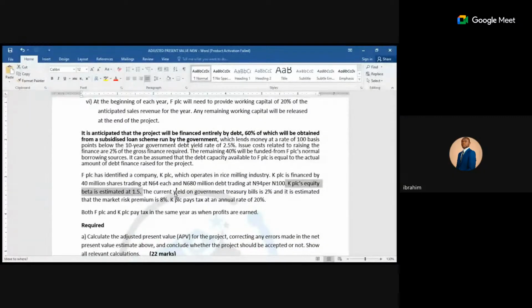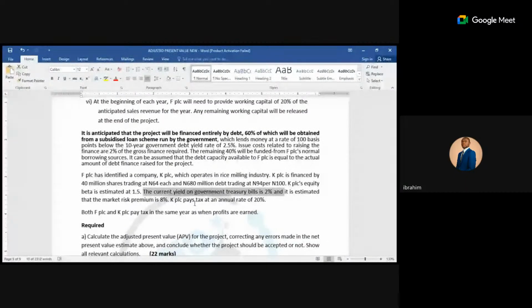The yield on government treasury bill. What is treasury bill, class? And it is estimated that the market risk premium is 8%. Then KPLC tax rate is 20%.